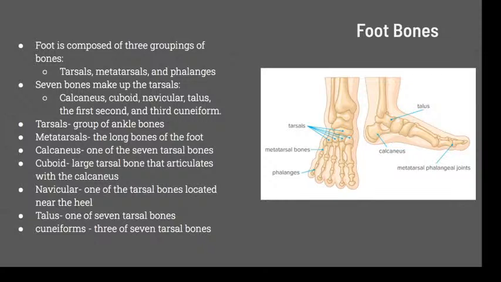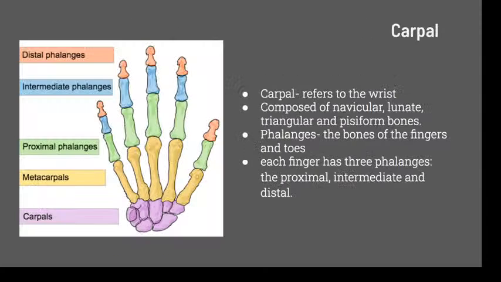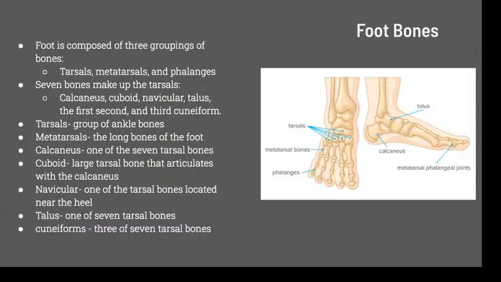Forming the middle portion of the foot are the cuboid and the navicular, the three cuneiform bones, and five metatarsals. The phalanges of the foot match up in number and organization with the phalanges of the hand. If you notice in the picture here, it's kind of similar to the carpals.